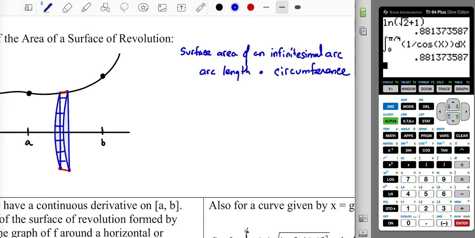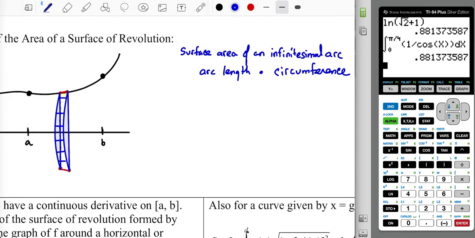And so previously for volume specifically, we had a bounded area multiplied by some kind of thickness. And that bounded area gave us the radius of a circle, and we used pi r squared to come up with the area of a circular slice.